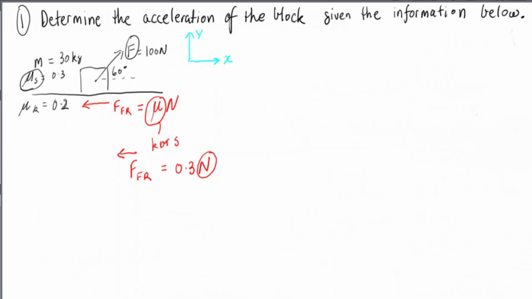Now the other forces that are acting on this block are the normal force and the weight force. So what I'm going to do is take this block and expand it out a little so it's a bit easier to see. We have the block itself with a weight force, which I'll put in as blue, and we'll call that the weight of the block, equal to mg.